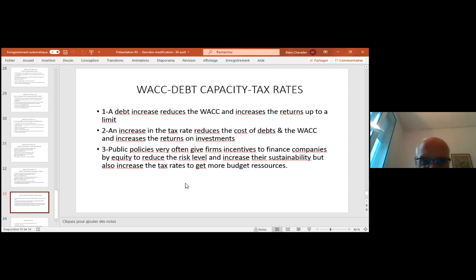Second, an increase in the tax rate reduces the cost of debt and the WACC and increases the return on investment. Third, public policies very often give firms an incentive to finance companies by equity to reduce the risk level and increase their sustainability, but also increase the tax rate to get more budget resources. Okay.